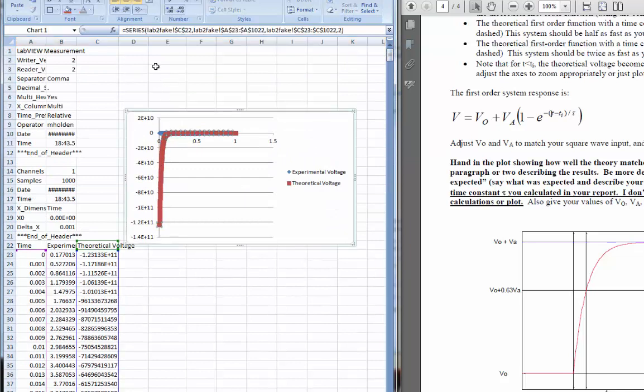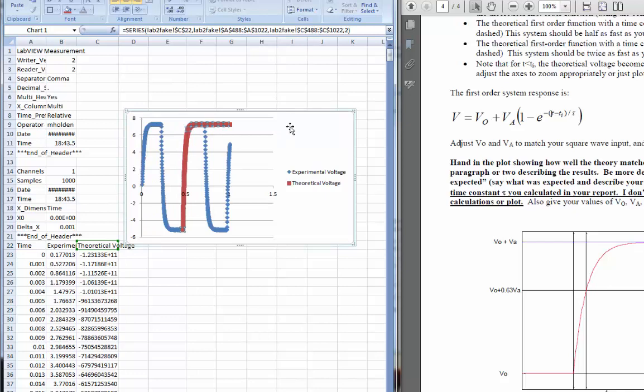Theoretical voltage, if I click on there, I can change this. See what happens. There we go.